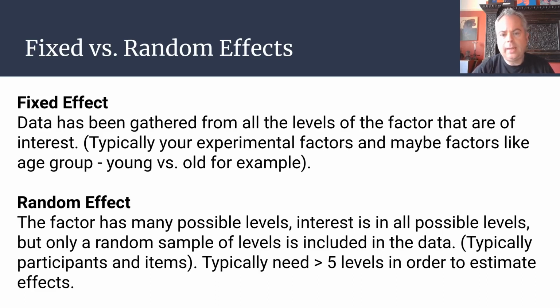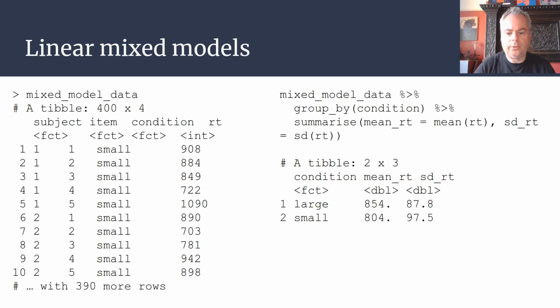Typically in research, we'll model participants as a random effect, probably items too. And typically we need at least 5 levels in order to estimate the parameters of the effect appropriately. So you need a decent number of participants and a decent number of items in order to model the random effect of these two sources.